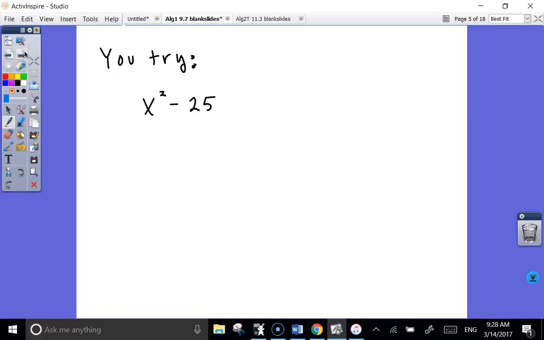Right? What is this one? X plus 5 times x minus 5. Right? If you wrote it like this, x minus 5 times x plus 5, it's okay. You can switch the order of multiplication. That's okay. So don't get hung up on that one point.